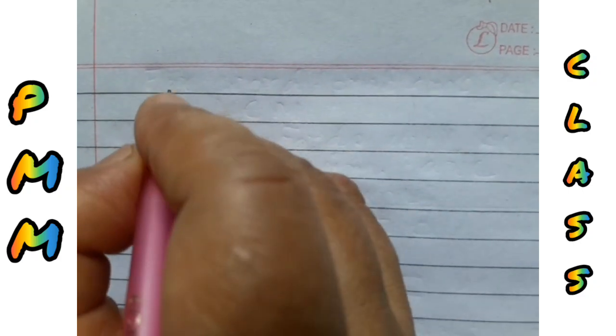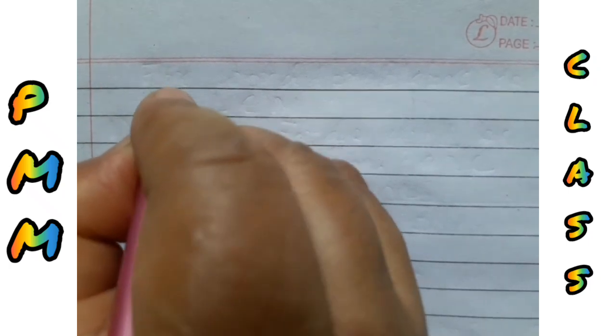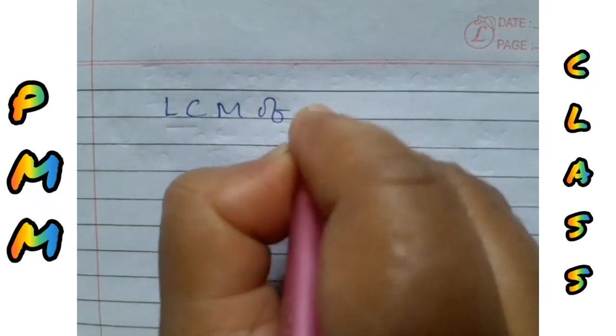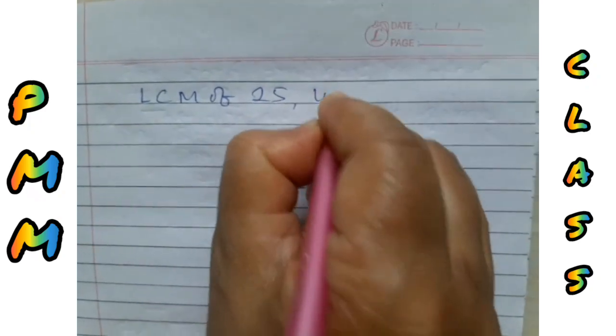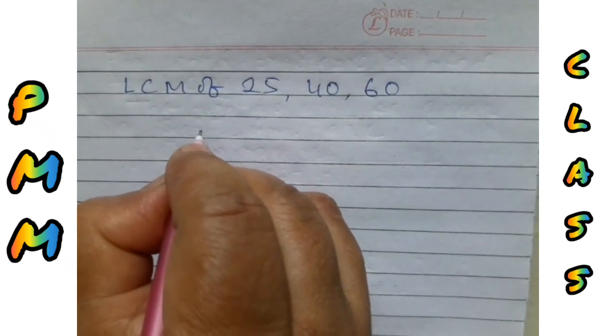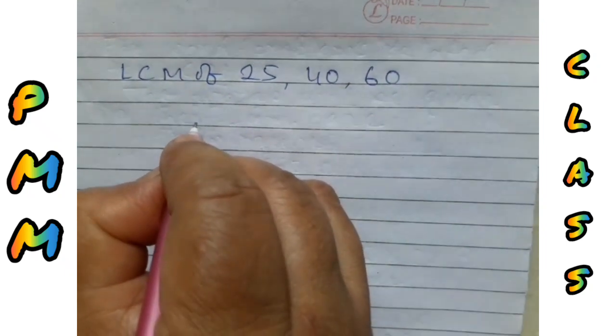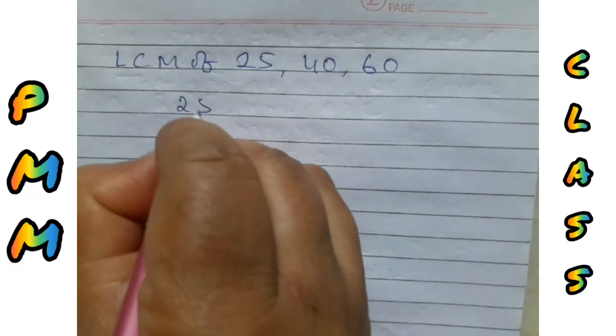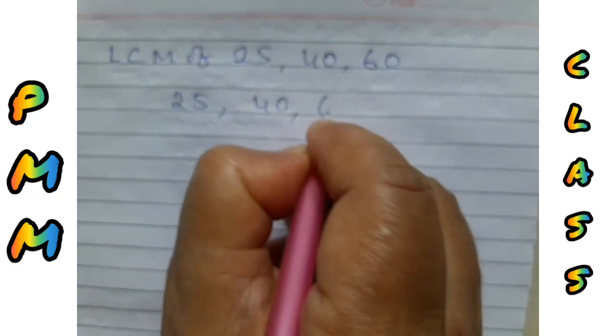So according to the points, first find out the LCM of 25, 40, 60. We will find the LCM by the common division method. 25, 40, 60.